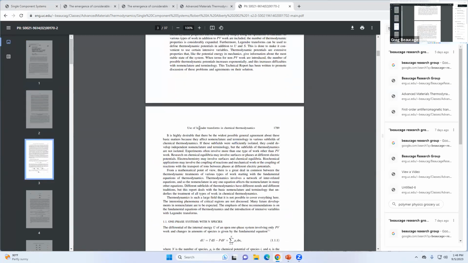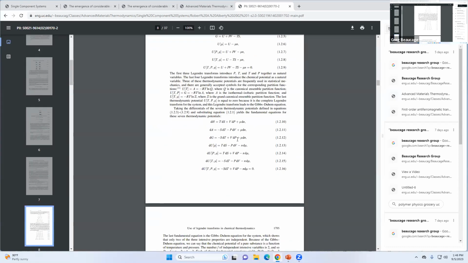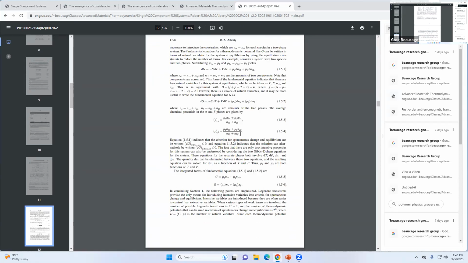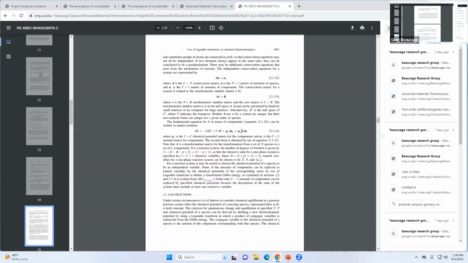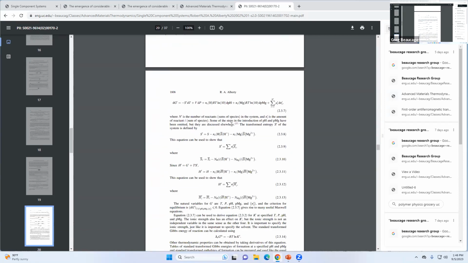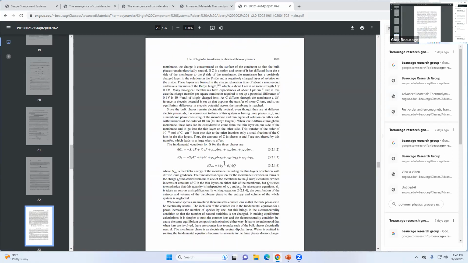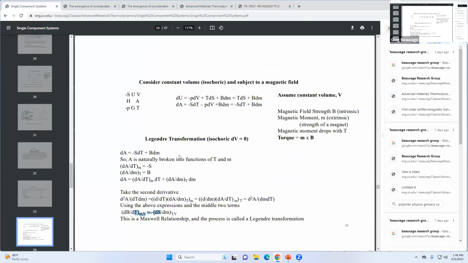This is a long paper. He goes through every possible kind of Legendre transform to get the 26 Maxwell equations, from normal, magnetic, electric, T, P, whatever systems. And he goes through more than that even in here. So you have to be an aficionado of thermodynamics to take a look at that paper, but if you happen to be.